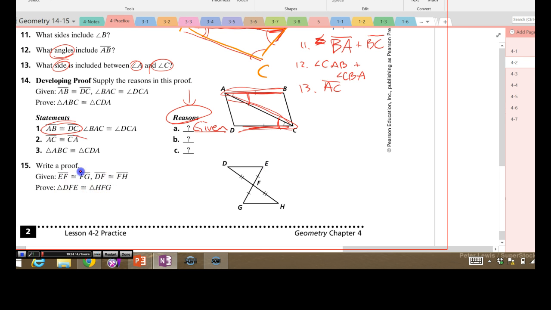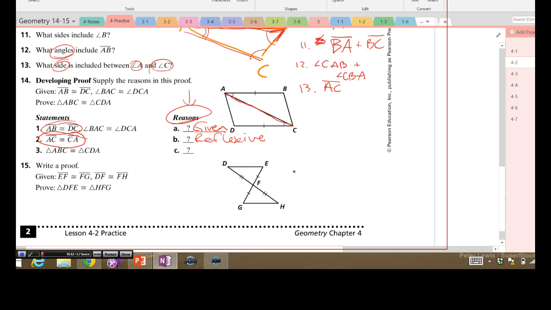Now, how about this? AC is congruent to CA. That sounds an awful lot like something is congruent to itself. And what do we call that property? Reflexive.